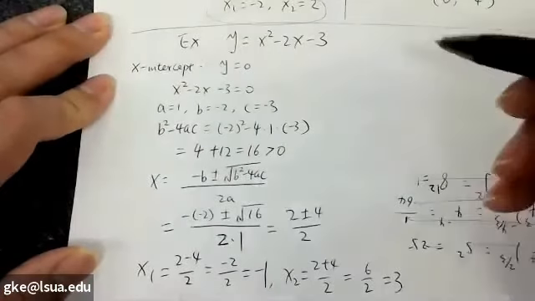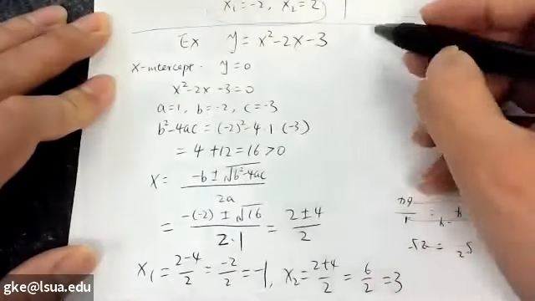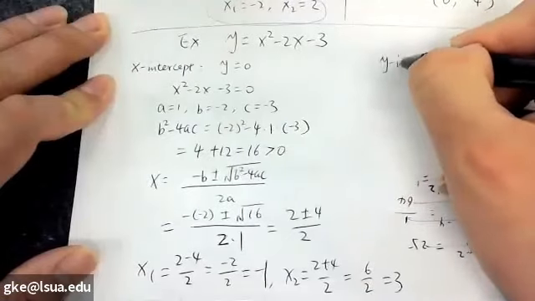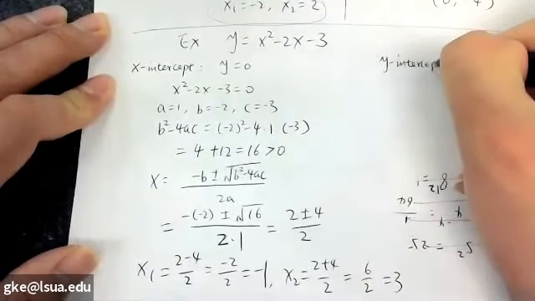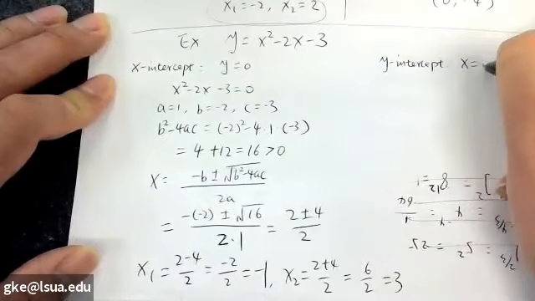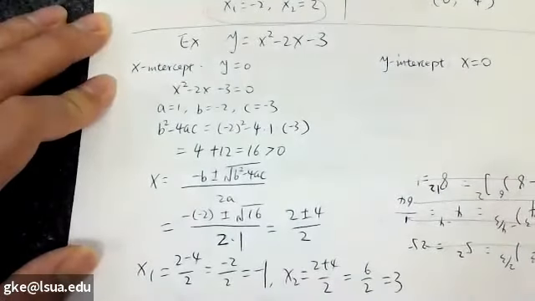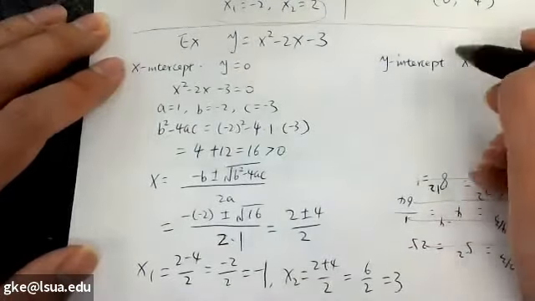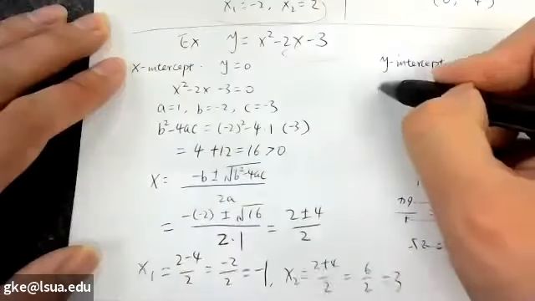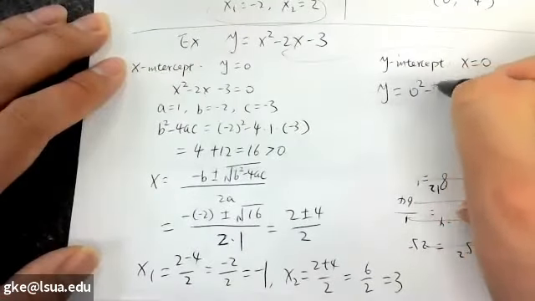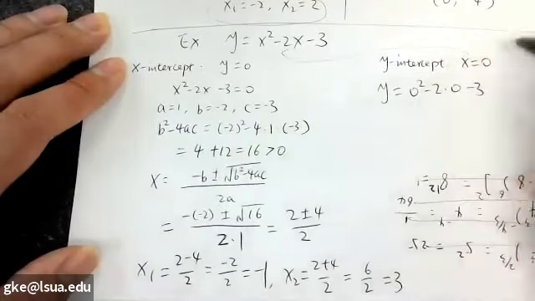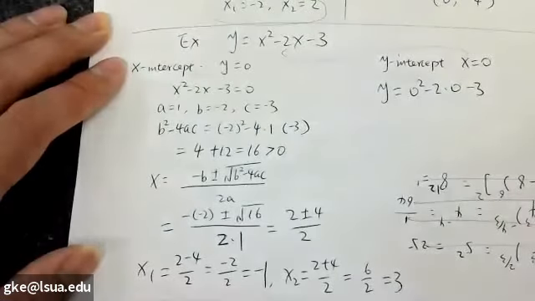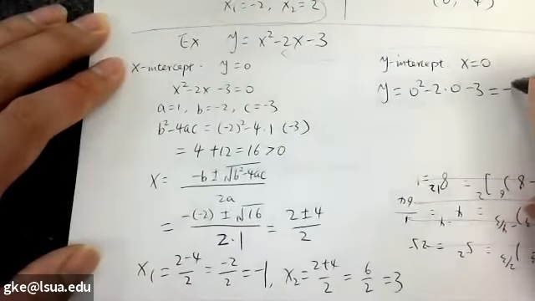And for the y-intercept, we just let x equals 0. We plug in: y equals 0 squared minus 2 times 0 minus 3, and that equals -3.